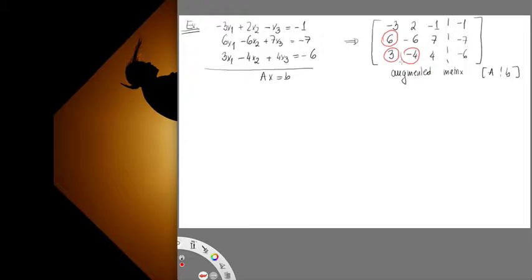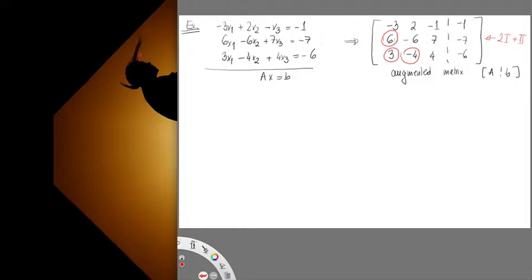So first step in that is basically to come up with, for instance, I could replace this row by 2 times first row plus the second. So 2 times minus 3 is minus 6, plus 6 will give me a 0. And we did a number of those.